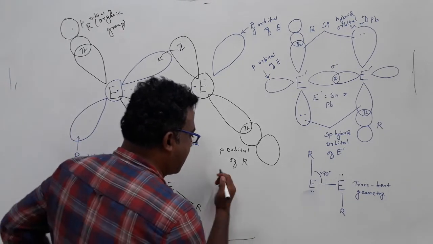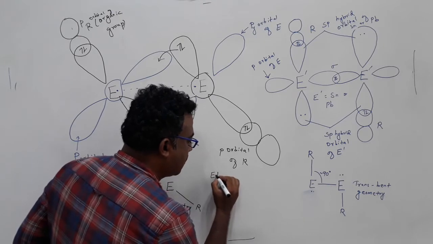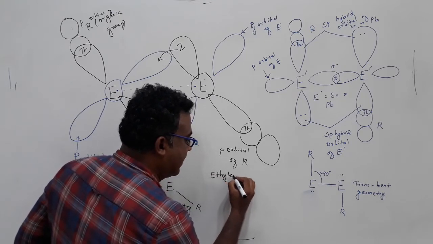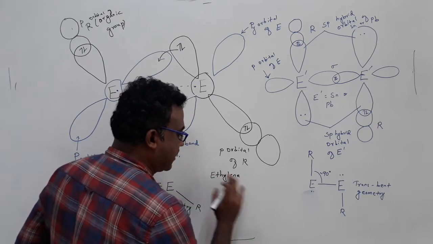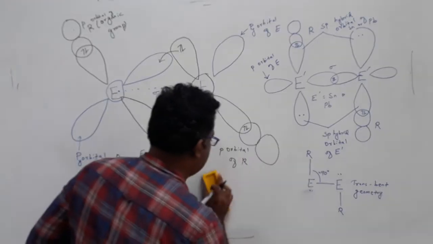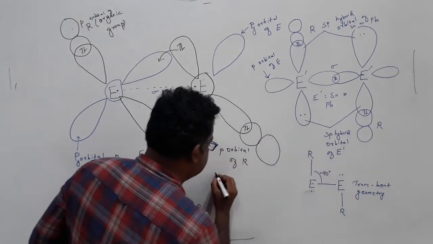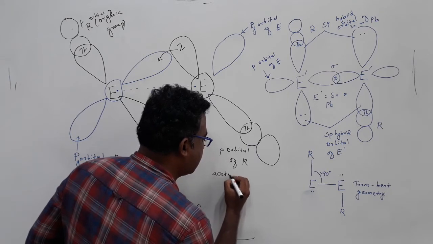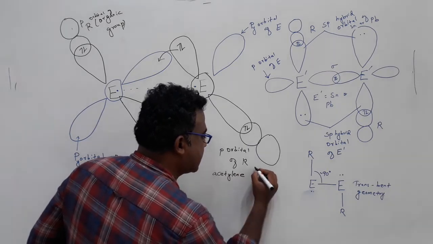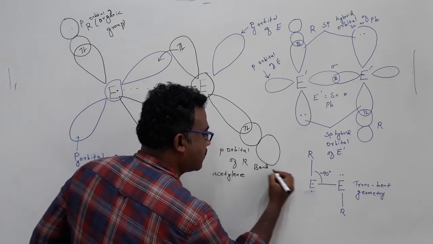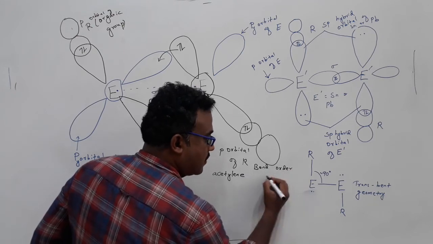If you have taken the molecule of ethylene, ethylene is a well known molecule, sorry, not ethylene, sir. Acetylene. The acetylene molecule, the bond order is 3.